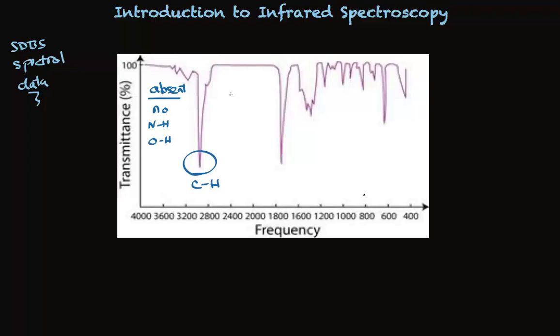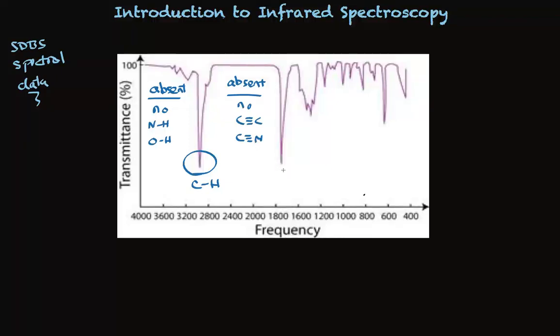In this range where we expect to see absorption for triple bonds, absorption is absent. So we can say there's no alkyne, no nitrile.